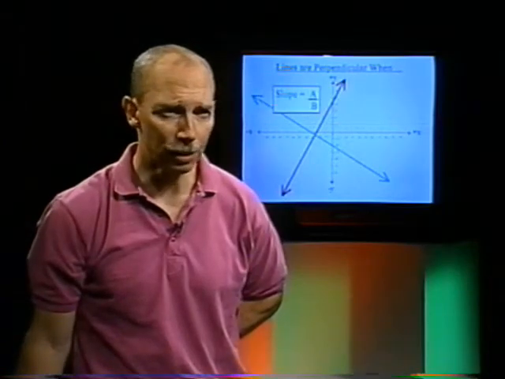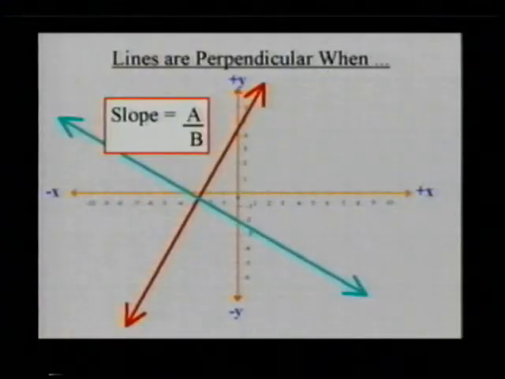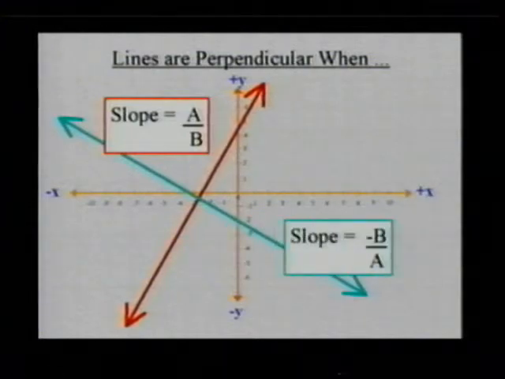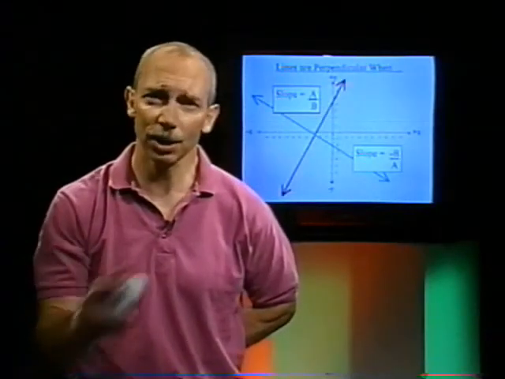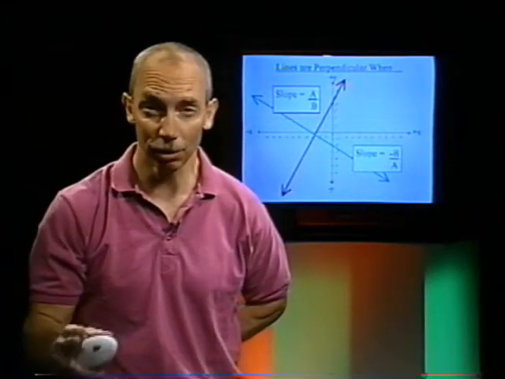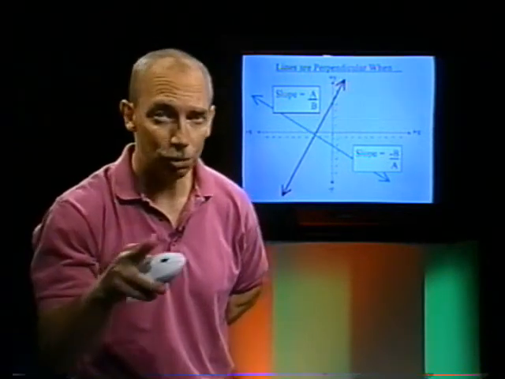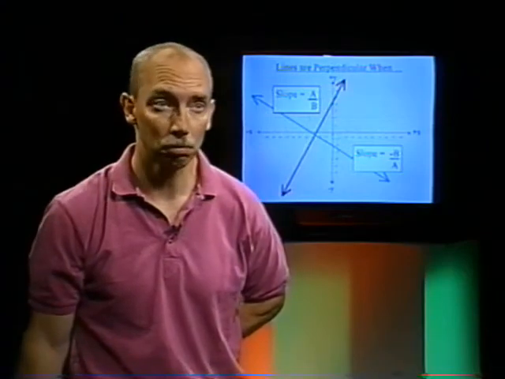If the slope of one is a over b, in general, some number over another number, and the slope of the other is minus b over a, in other words, the minus reciprocal of the other one, that's going to be your clue that not only do they intersect because the slopes are different, but they intersect in a special way. They're perpendicular.